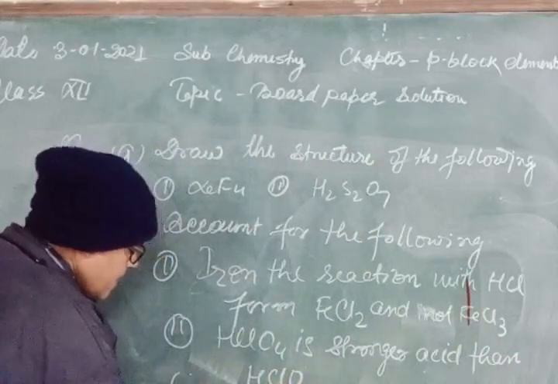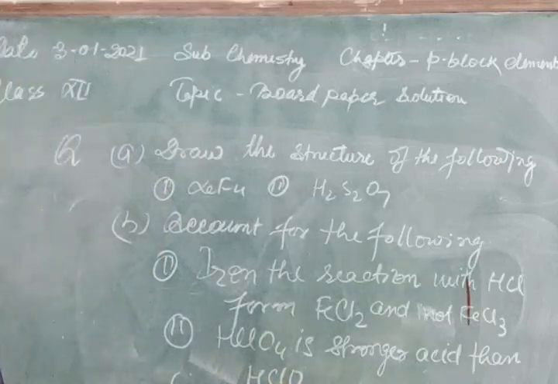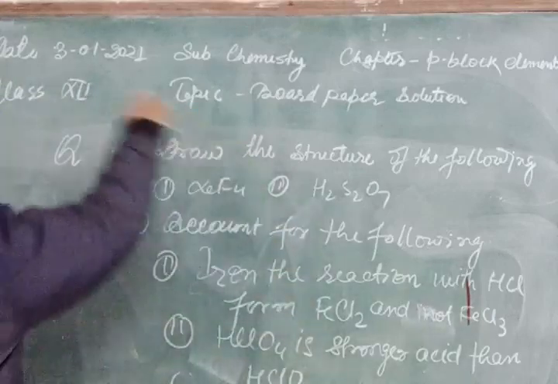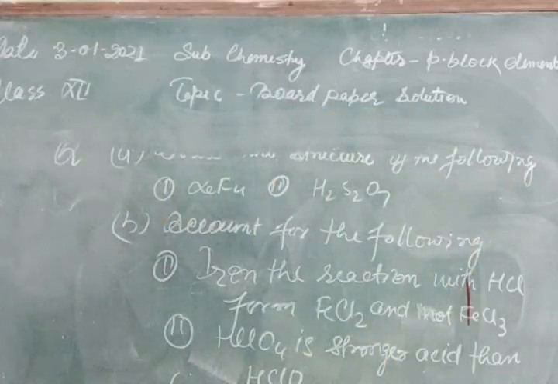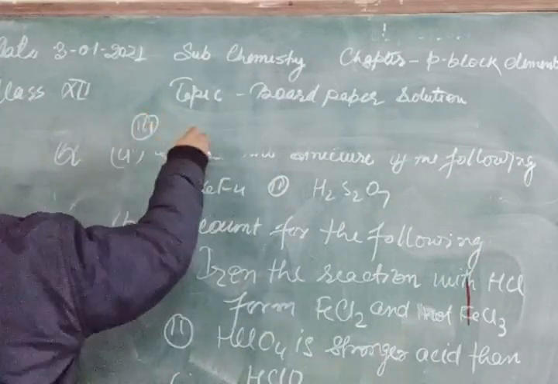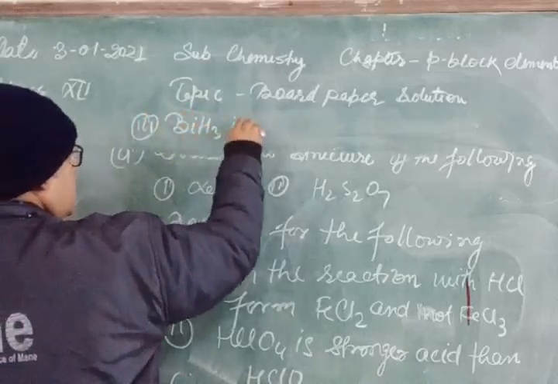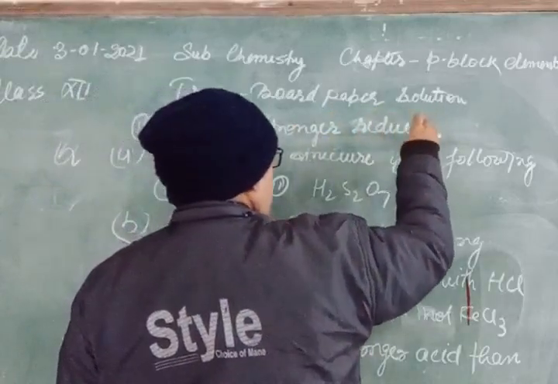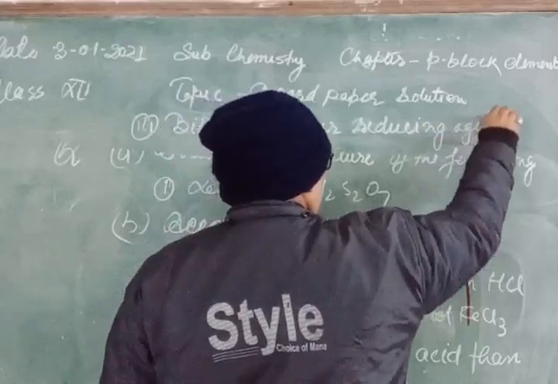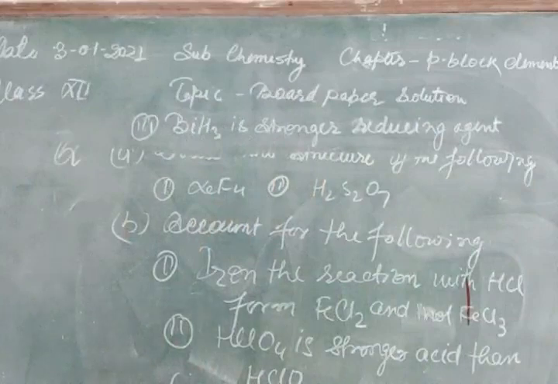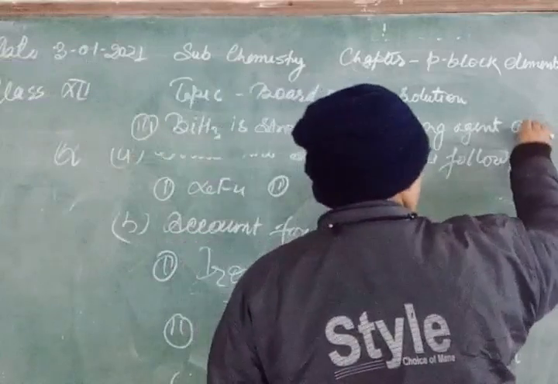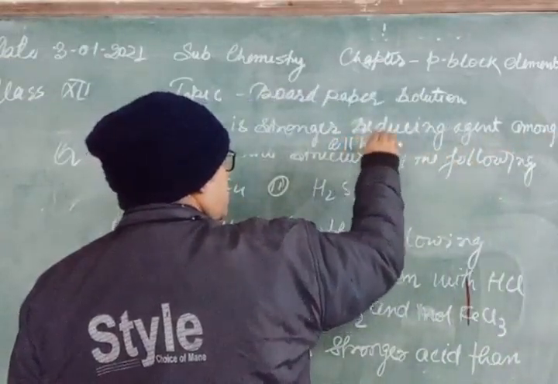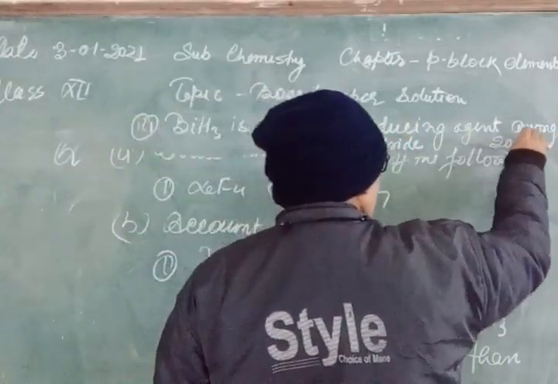And third one is: BiH3 is the strongest reducing agent amongst all hydrides. Year 2015.